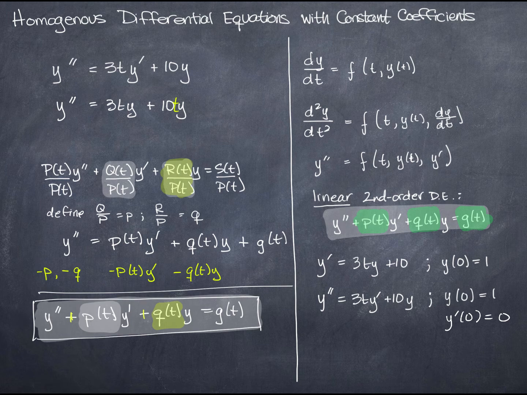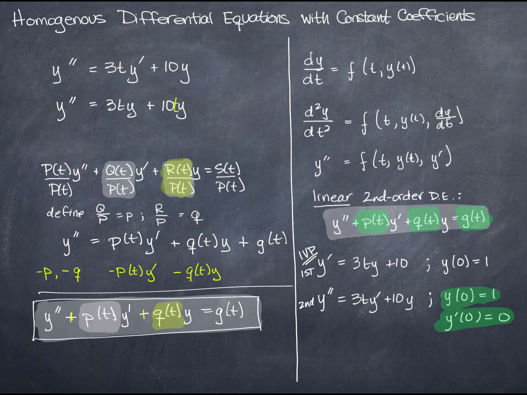So this is what an initial value problem would look like in the first order, which we're familiar with, and this is what one looks like in the second order. I need two sets of initial conditions, the ones that I'm used to getting, but also another set here.